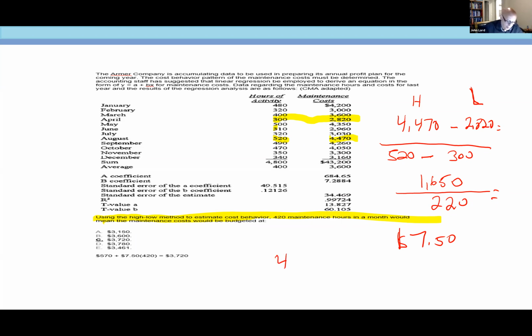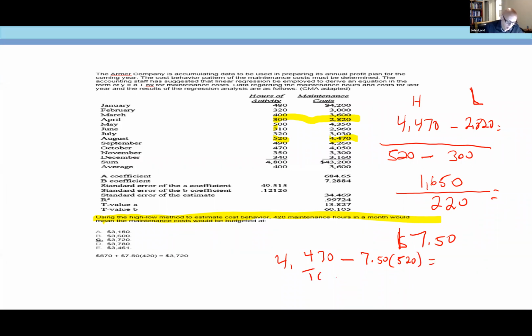cost. I mean, my variable cost and thus my fixed cost. So I took my total cost of 4470 minus 750, and I have to stick with my high level of activity here with this one.